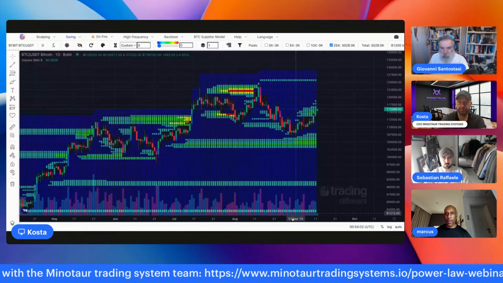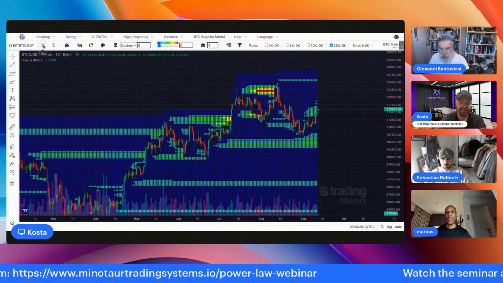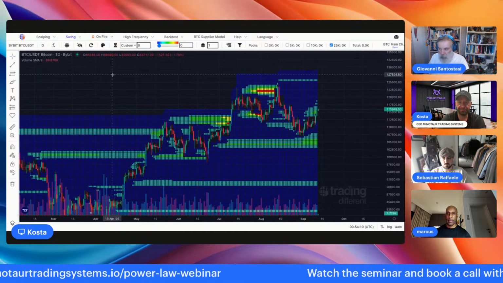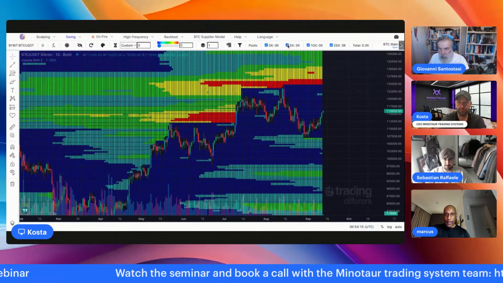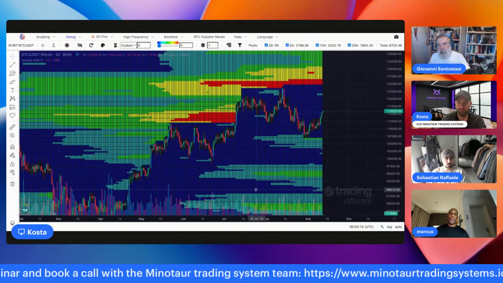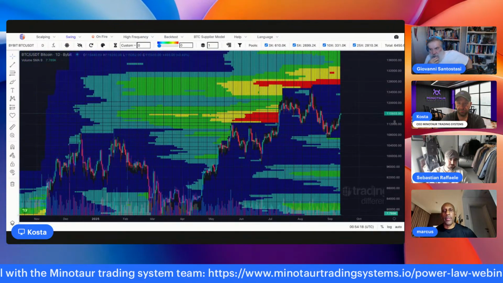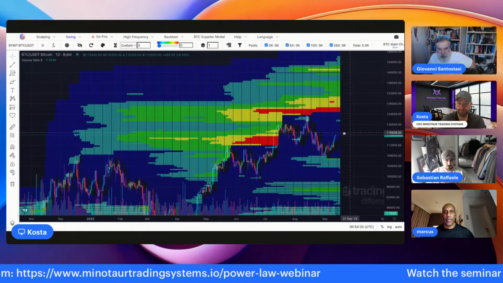Okay, Costa, if you could go to the daily, please. Daily time frame, and you can put all the liquidity in there. Yeah, there you go. Based on that, you can zoom out a little bit so we can see the entire range. Awesome.